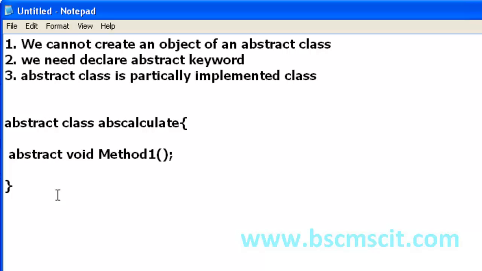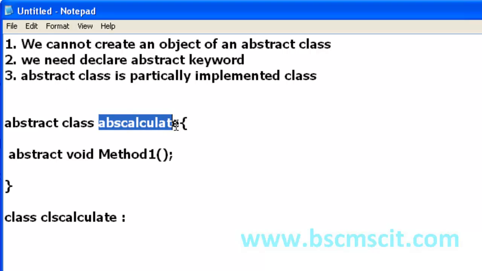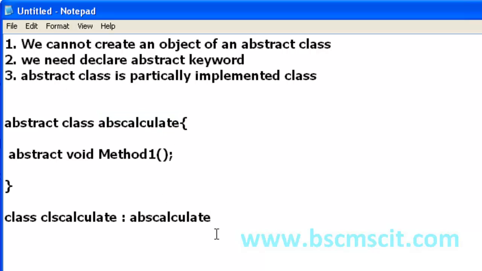Now let's create a simple class, class CLS calculate, and let's implement the abstract class here. This CLS calculate class should provide all the implementation for the abstract method because it has implemented the abstract class.